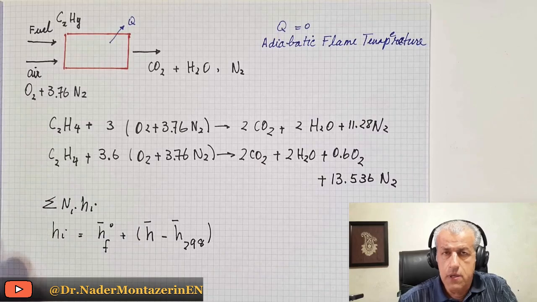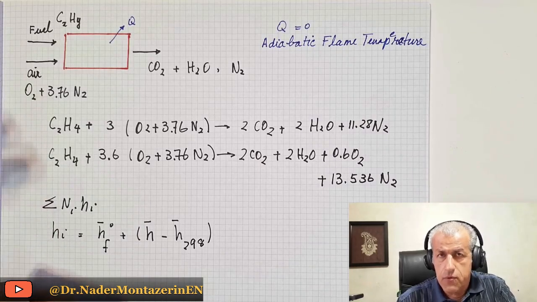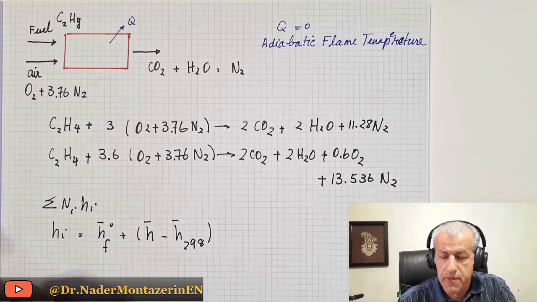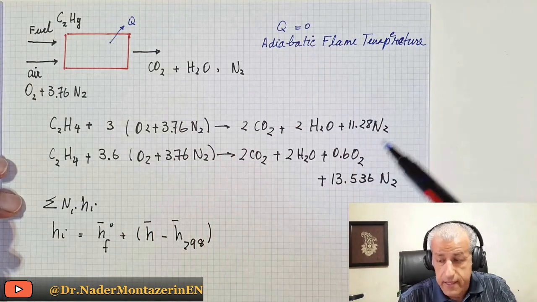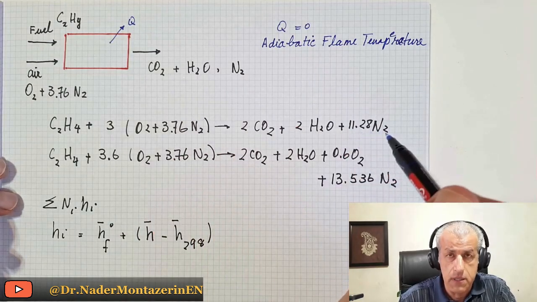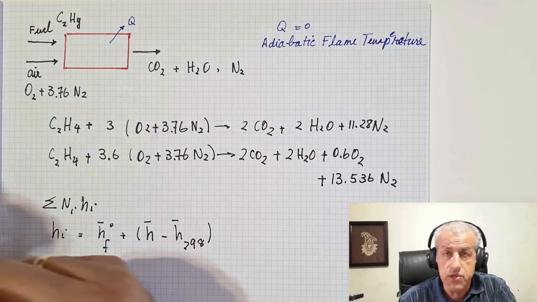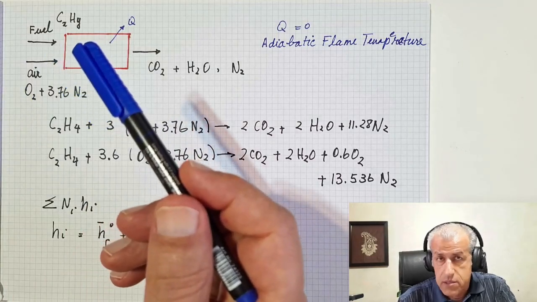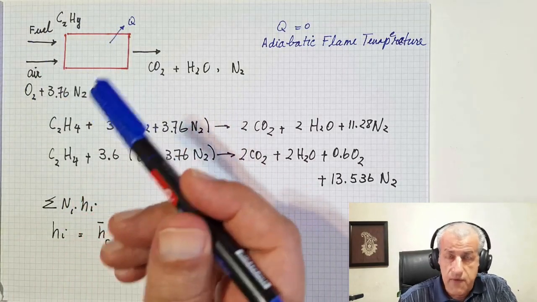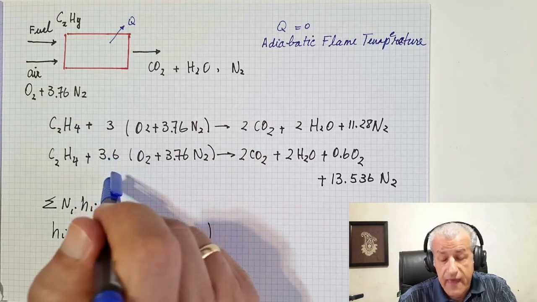As you see, the adiabatic flame temperature is a function of two parameters. First, the number of molecules in the products, and N2 has a large part in it. The larger the number of molecules, the lower the adiabatic flame temperature for that combustion. It also is a function of the extra air that they add to the product.